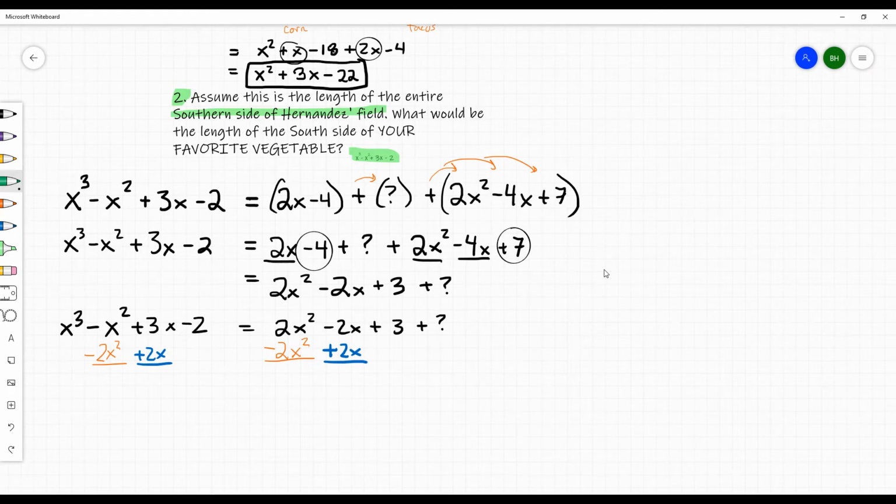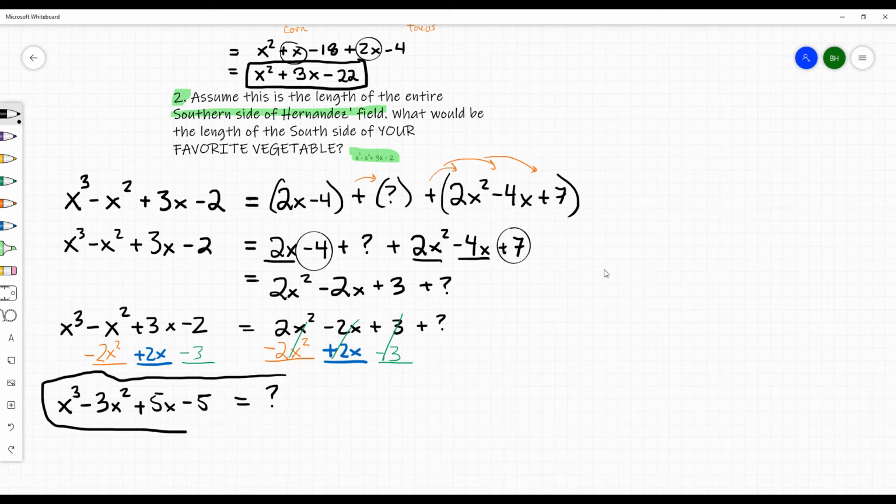Okay. And then I'm going to come over here. I'm going to subtract 3 to get rid of the 3. And then all of these will cancel. And then on this side, I'm left with x cubed minus 3x squared plus 5x minus 5 equals question mark.